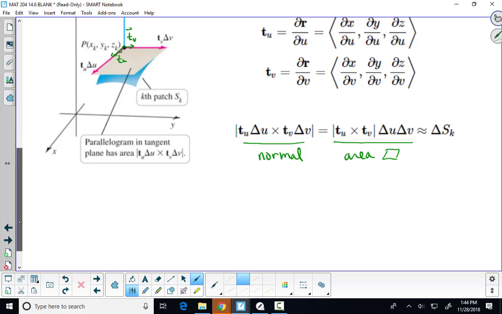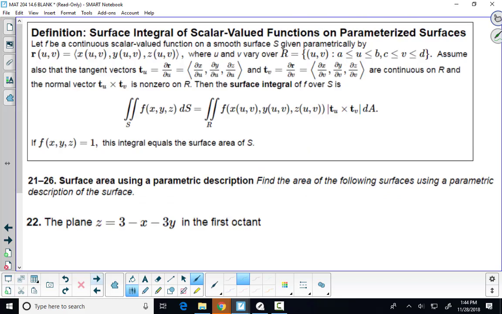Okay, so now in practice, we're going back to this thing where if you're integrating a function, you have to somehow have this evaluation piece match. It's got to be the same kind. So here is the first surface integral.